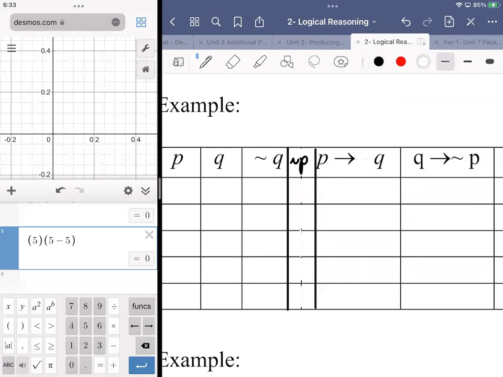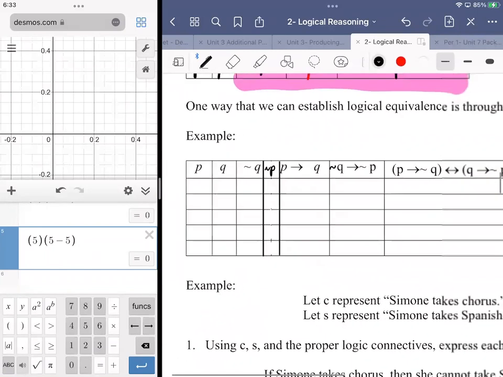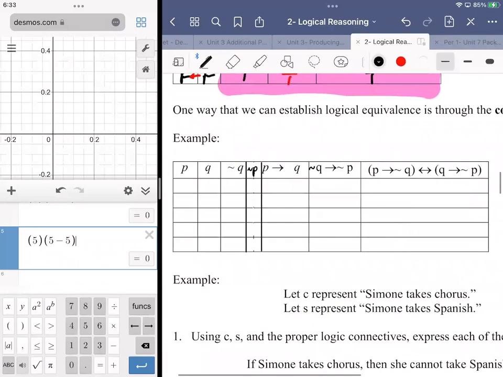This should be P implies Q, and this should be not Q implies not P. That one, that was a disaster.